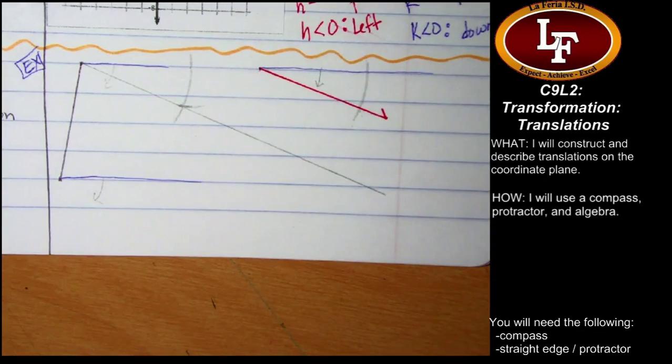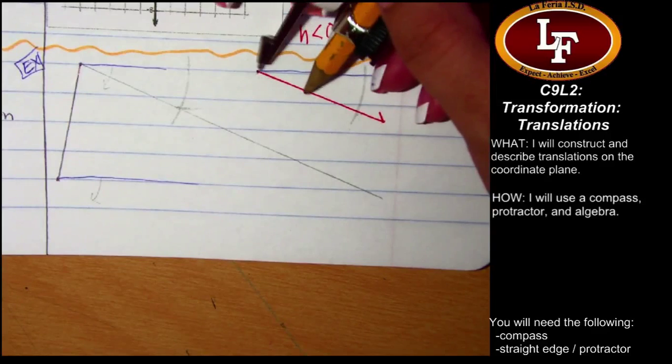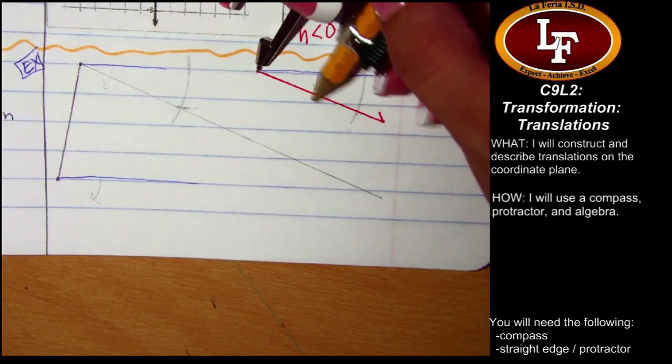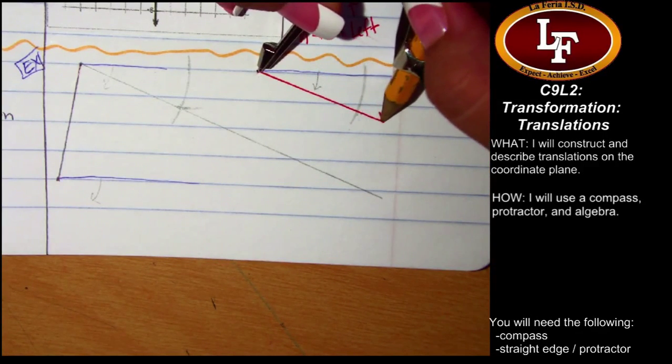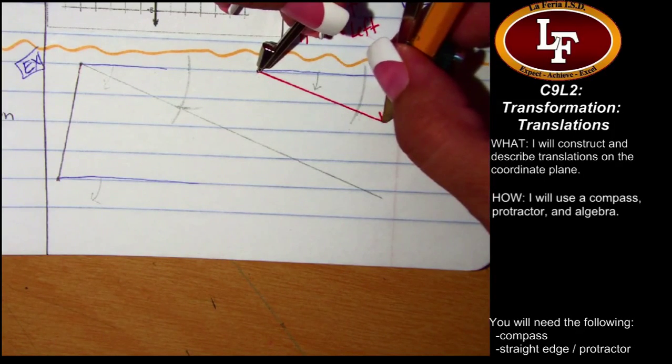So my vector is shooting off in that direction. Now I need to figure out how far. Congruent segments, if I treat my vector as a segment, that is the magnitude of the vector. That's its distance. It's how big it is, how far it goes. I'm going to copy that distance by setting my compass to that distance.